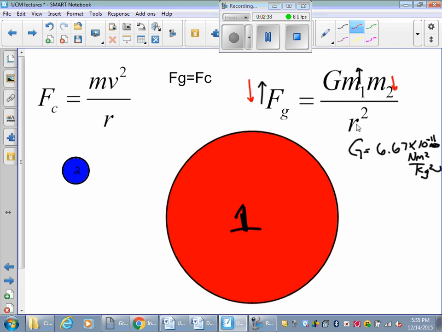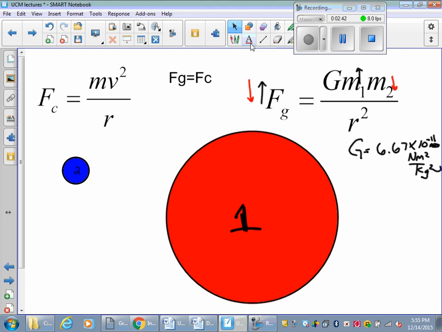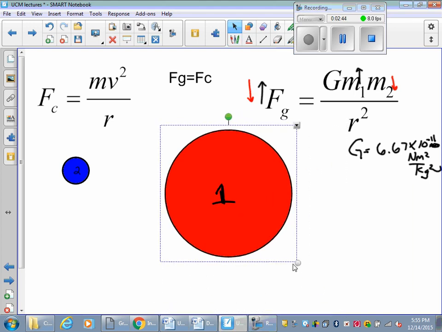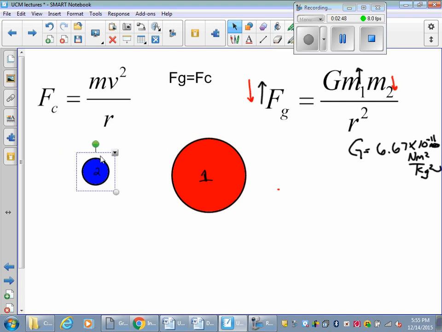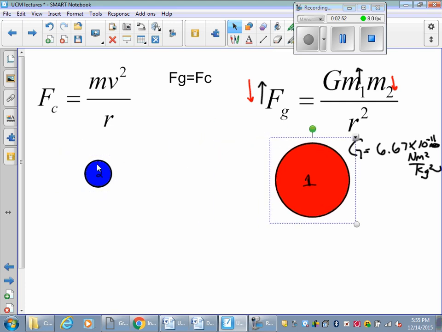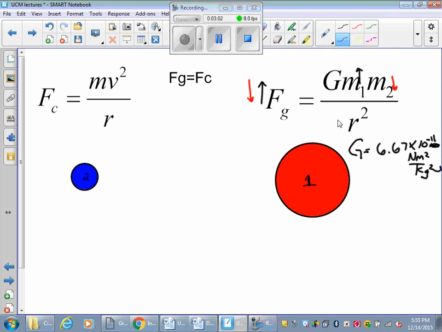Now, look at the radius on the bottom. In your experience, the further you are from something, do you think you have more or less gravitational attraction to it? Less gravitational attraction. If I move far away, I'm going to have a lot less gravitational influence on my far off objects. So if I increase my radius, and what do I mean by radius?